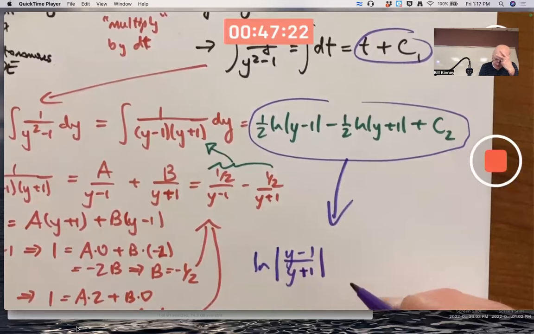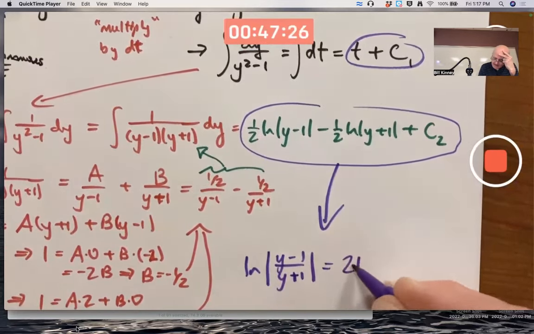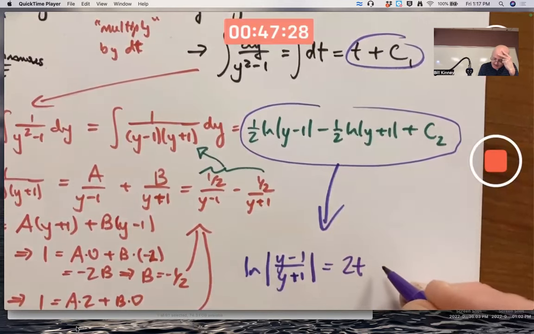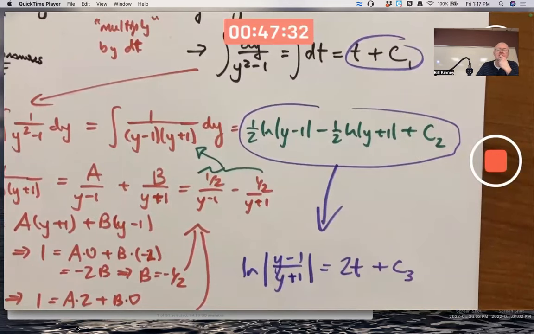That's a property of logarithms. And on the right, I do have to have a 2 in front of the t, but effectively I can just have a C3, say. So I did a few steps there at once. You might say I did 3 things at once there. I subtracted C2 from both sides, then I multiplied both sides by 2, then I used a property of logarithms.